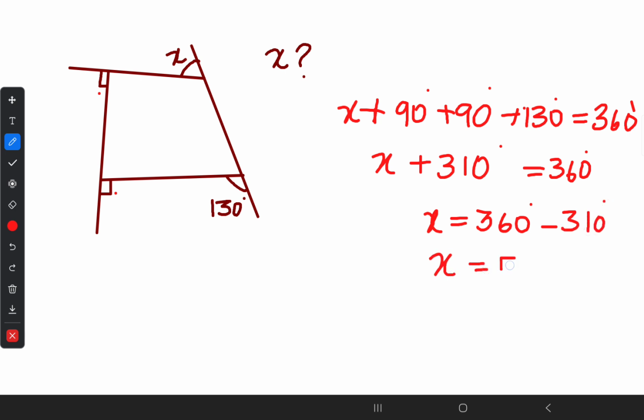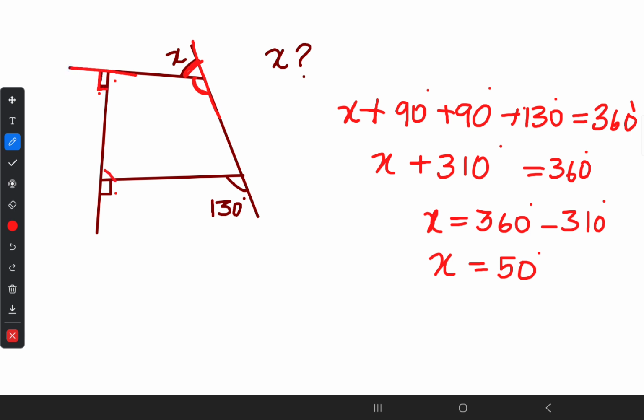Simple. How did I find it? First of all, I identified whether these are exterior angles or not. That is the important thing. This is the interior angle, so correspondingly, when you extend this one, we found our exterior angle. Here also, this is the interior angle. When you draw a straight line, this would be the exterior.